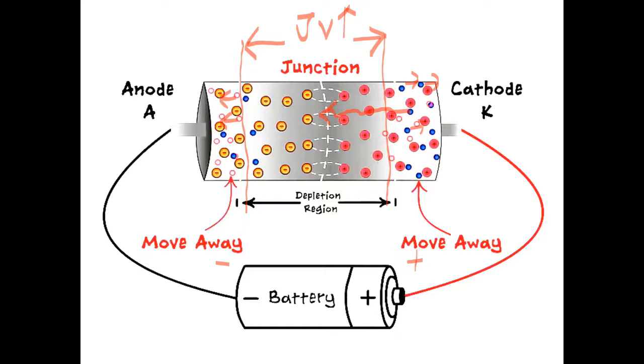That's why for the reverse bias, electrons cannot pass through. As a result, diodes only allow the current to flow in one direction, which is forward bias. So that is the difference between the forward bias and the reverse bias.